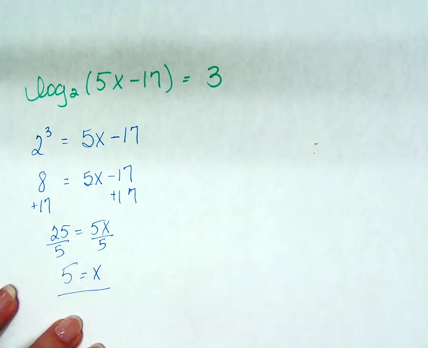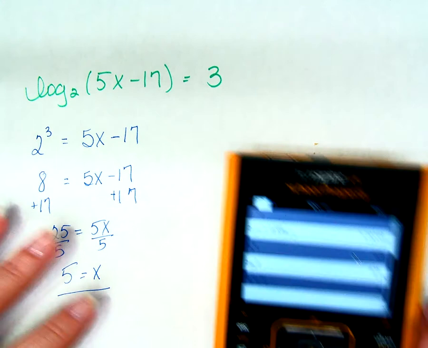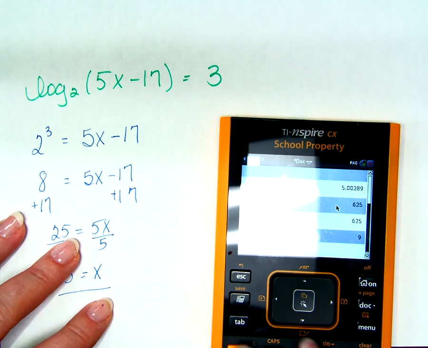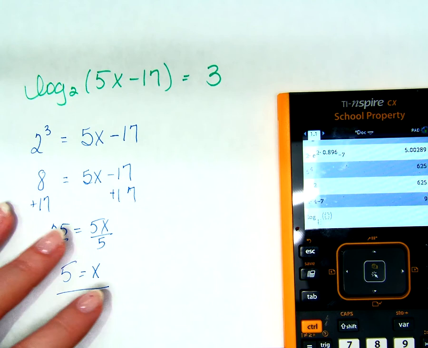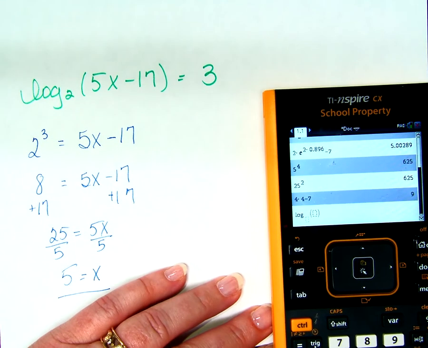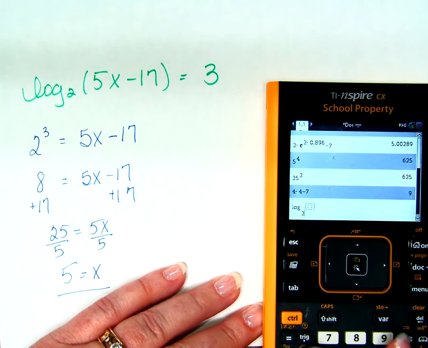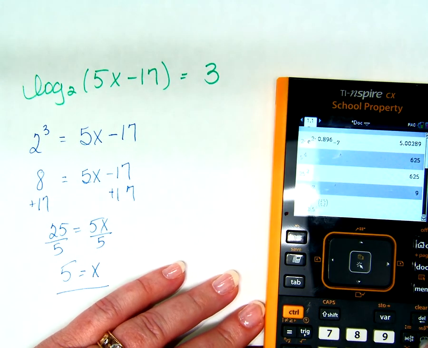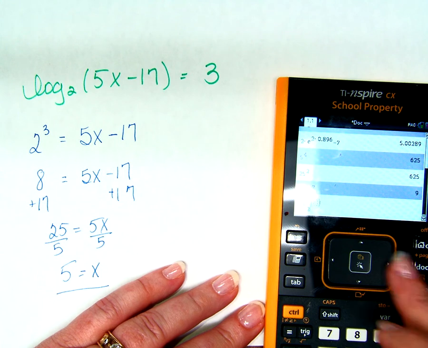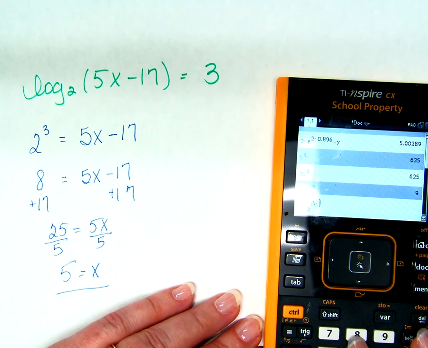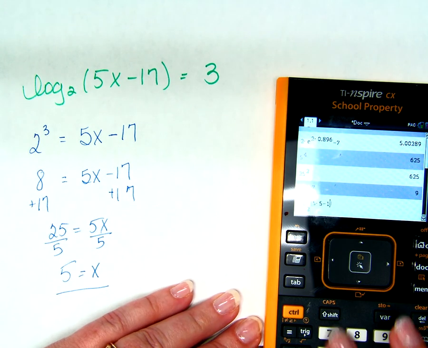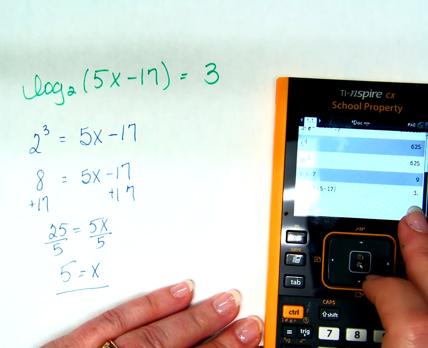Again, we want to plug in the answer to make sure that we know we have this correct. So we can say there's 2 ways, just reminding you about this also when you're checking answers. Okay? I can say log base 2 of 5 times 5 minus 17, and just hit enter, and it tells me 3.